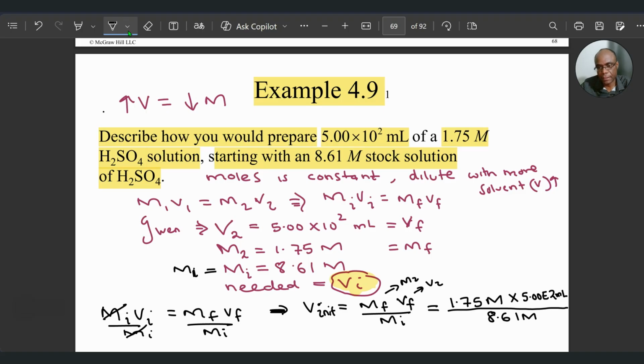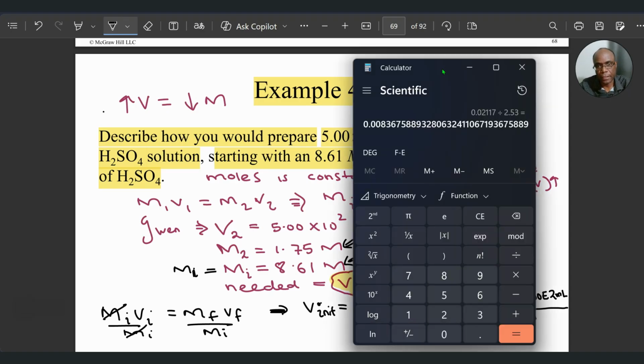It makes sense, it's higher than 1.75 because you are diluting. You want to go from more concentrated 8.61 to less concentrated 1.75. We need more volume. We'll know we got the answer right if and only if Vi is way less than our Vf. So let's do the math. I know you've already done it.